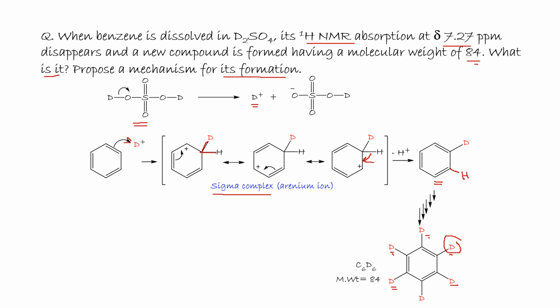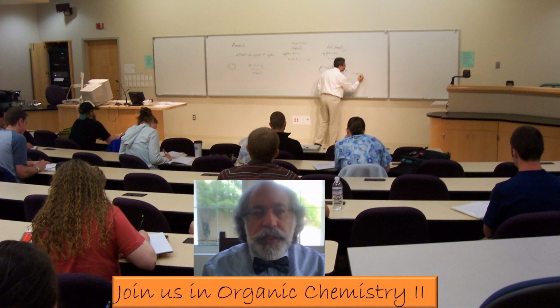Deuterium has its special region of resonance. So in replacing the hydrogen with deuterium, the peak at 7.27 will disappear. And again, the molecular weight of C6D6 is actually 84. See you next lecture.